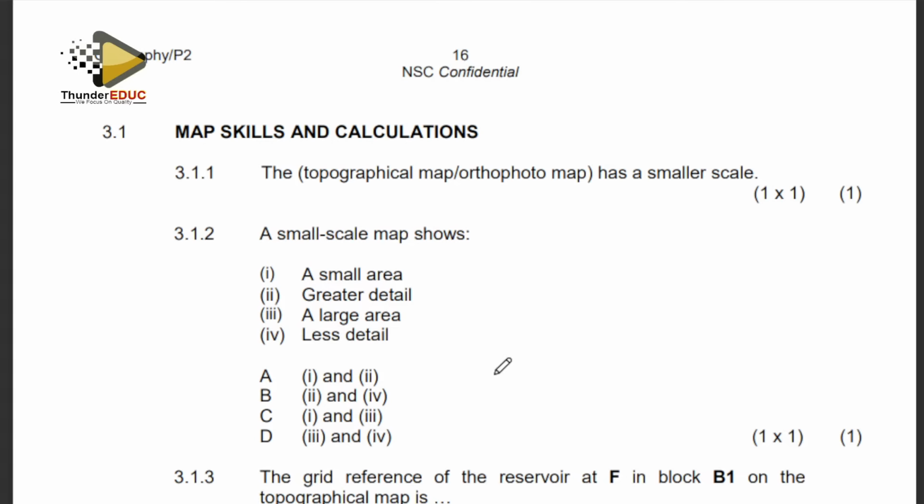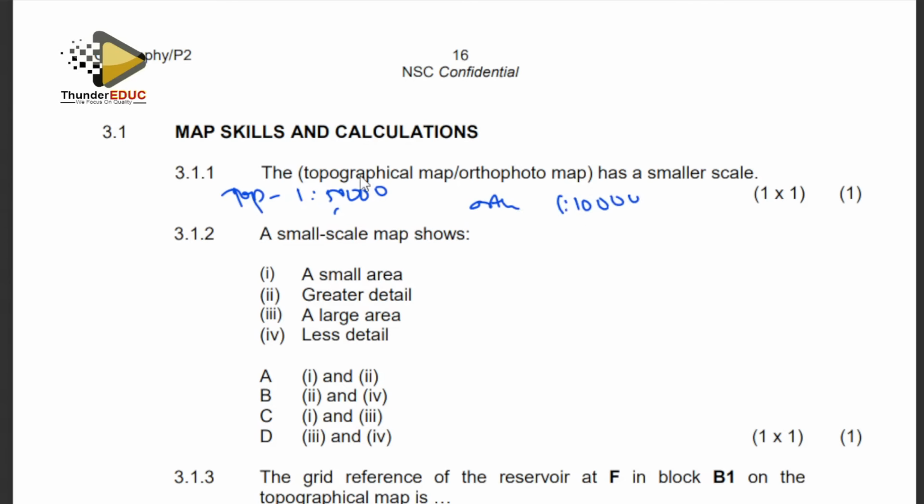Which one has a smaller scale? Now, some learners get confused because topo is 1 to 50,000, and ortho is 1 to 10,000.